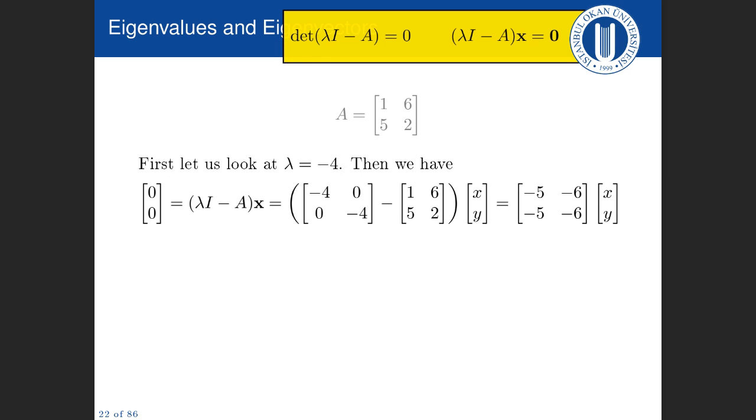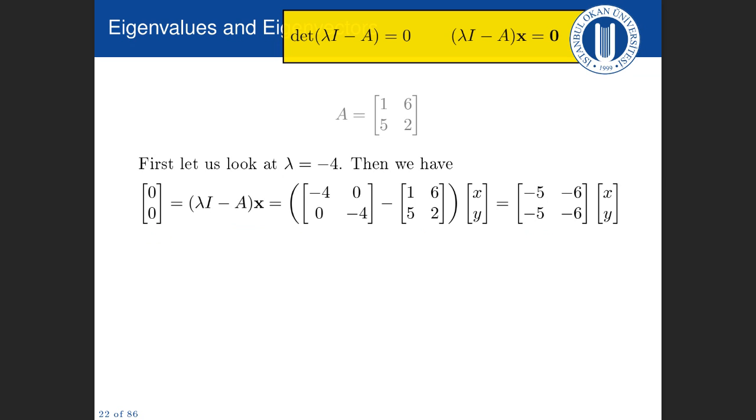So (lambda I minus A) x, we want that to be the 0 vector. I've taken the formula, I've changed it around. Lambda I for us is -4, 0, 0, -4, and then minus A. That simplifies to -5, -6, -5, -6, times x, y.